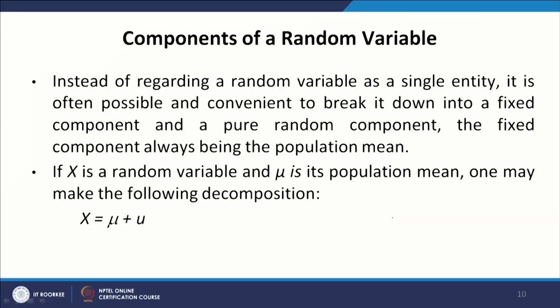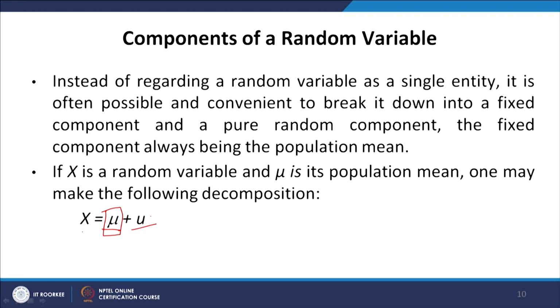So, what we are doing here is that if x is the random variable, then mu, being the mean of this random variable, is a non-random component, which you also call a deterministic component, and u is a purely random component.